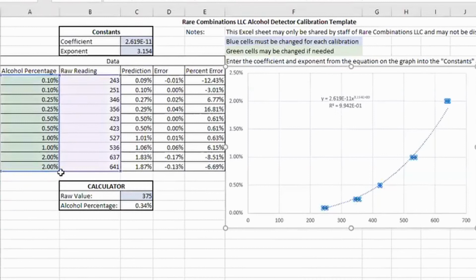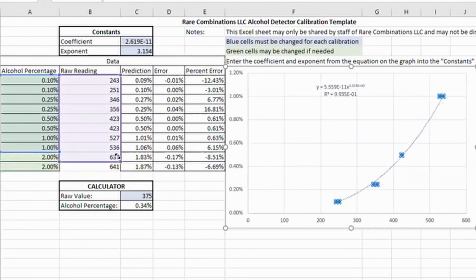What you can do is click and drag this bottom right corner up, click and drag this one up, and then it's selected a different range of the data, and thus it's generated a different equation. So you can see with our previous equation, our highest error was 0.06%. Most of our error was actually really, really low. But let's use this new equation and see if we can improve our predictions.